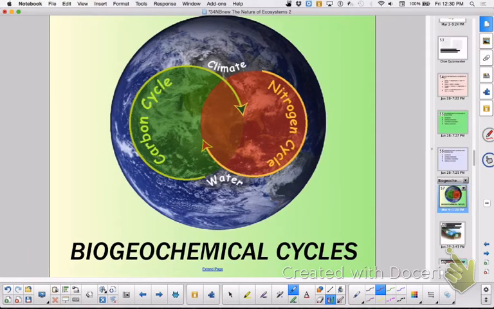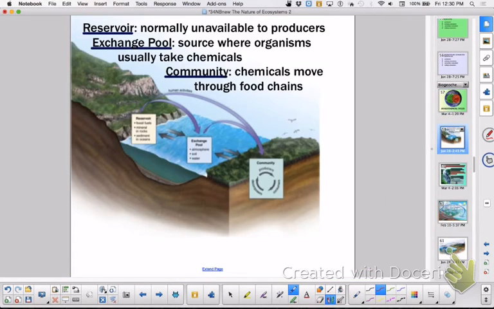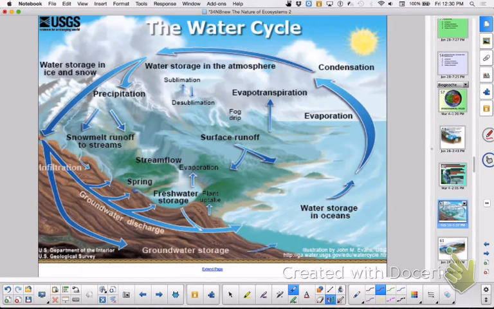So then, biochemical cycles. I think water cycle. Oh, yeah, we're good on that. Do you need me to go over this? Reservoirs where it's stored. Exchange pools where plants or usually autotrophs access it, and then community passes through living things. On your water cycle, keywords you would want to know. Tell me, what is it when water evaporates out of open plant?